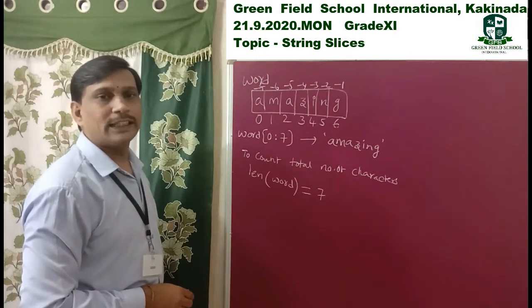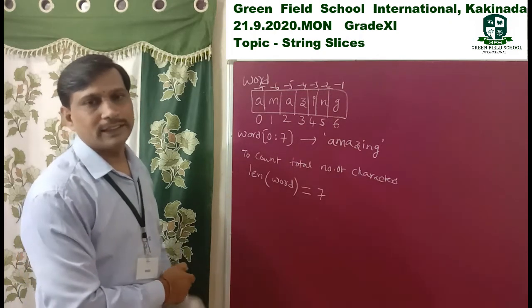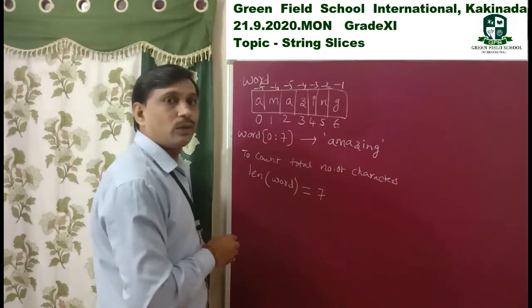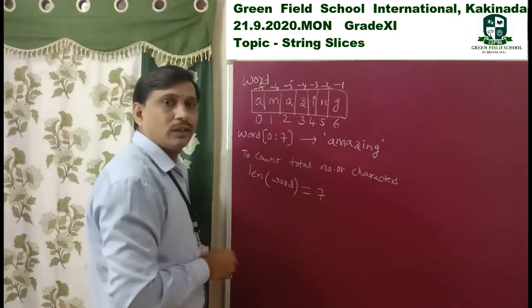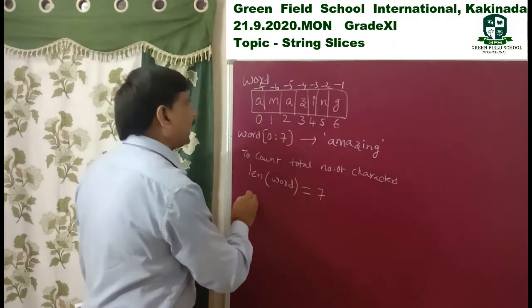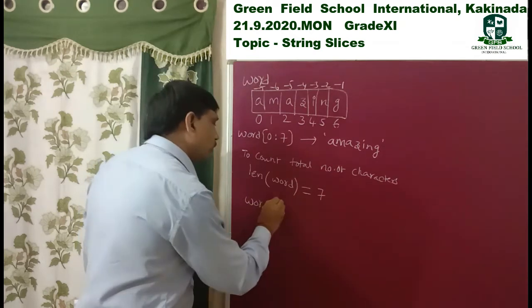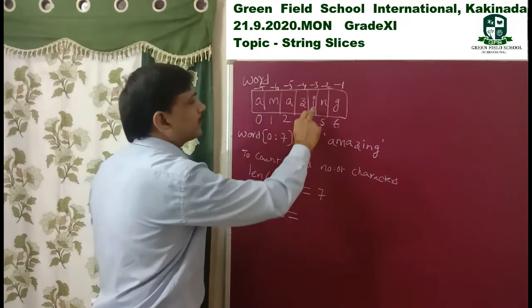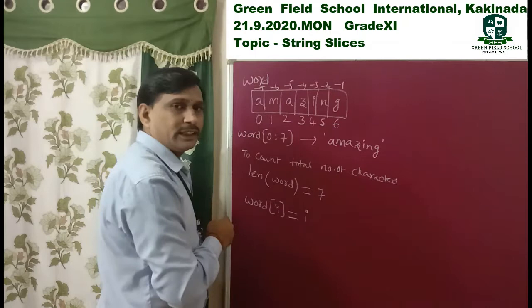Okay, total how many characters are there? 7 characters. We access out of all these 7 characters. Suppose I write here word of 4. Word of 4 means I. Yes, this given string is amazing.